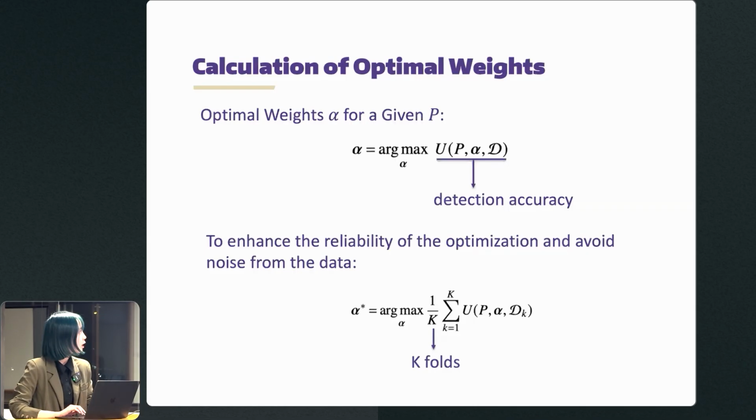And now after we calculate the 3 individual UQ scores, we can get the optimal weights alpha for a given P to combine them. Here, we calculate our optimal weights by maximizing the detection accuracy.